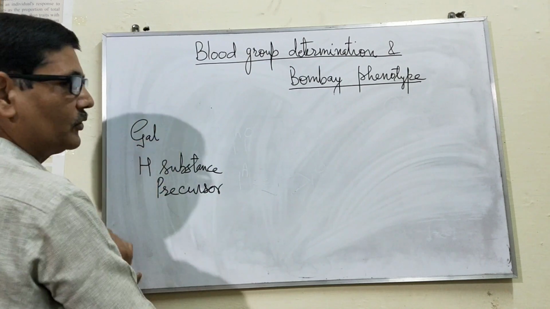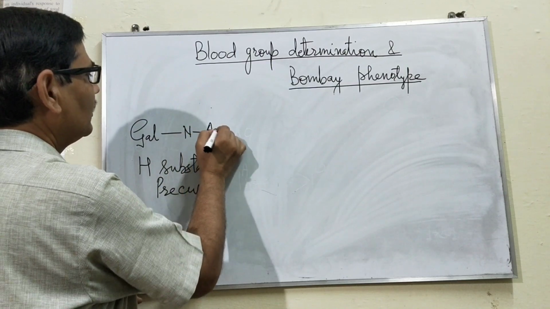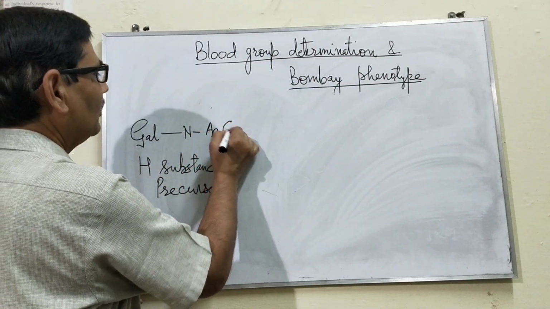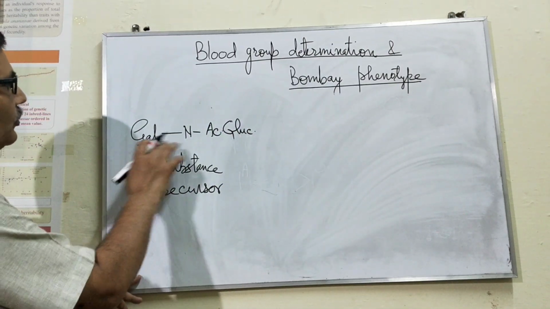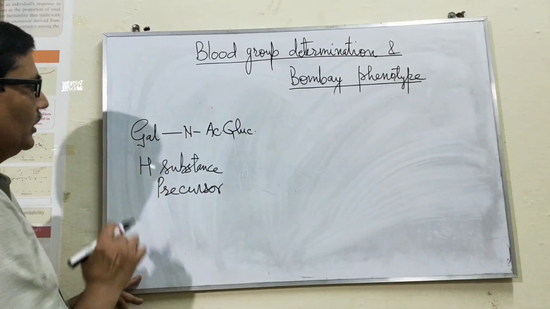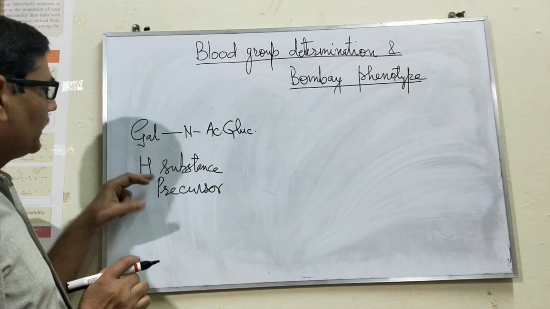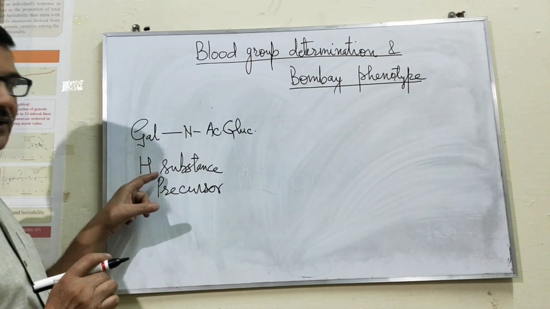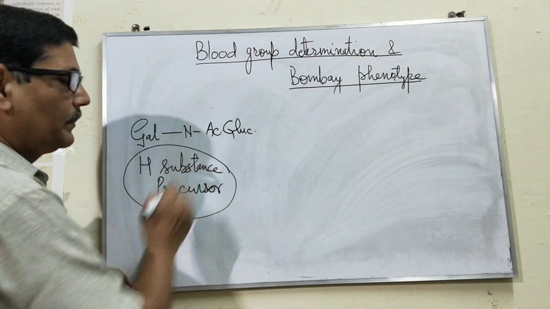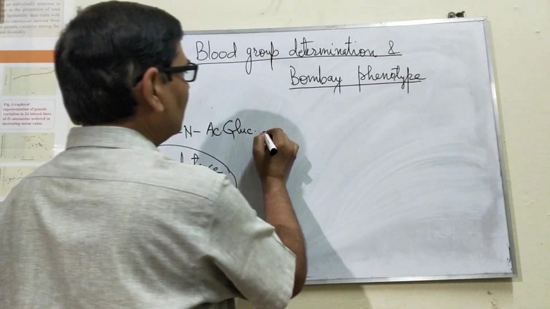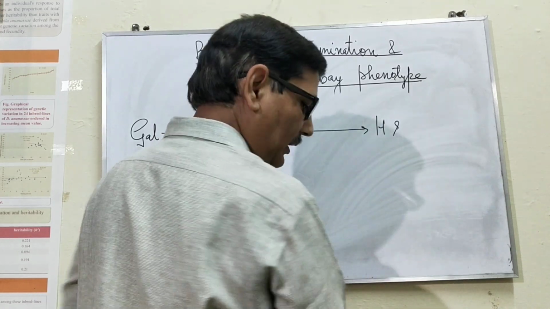One is galactose and another one is N-acetyl glucosamine. So 2 carbohydrate units, that is galactose and N-acetyl glucosamine, they form a precursor H substance. This precursor H substance changes into H substance.